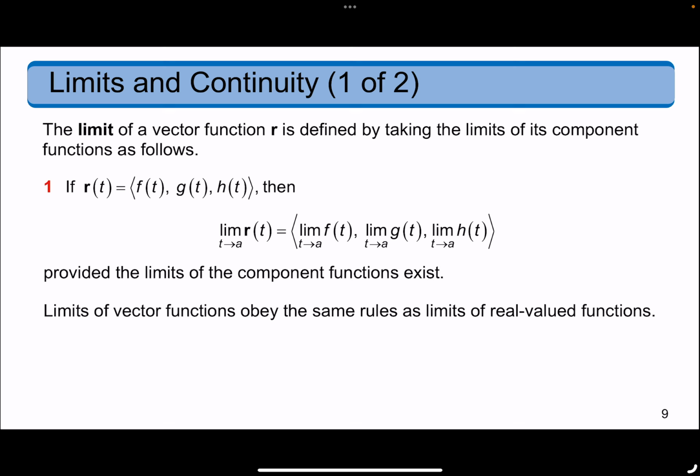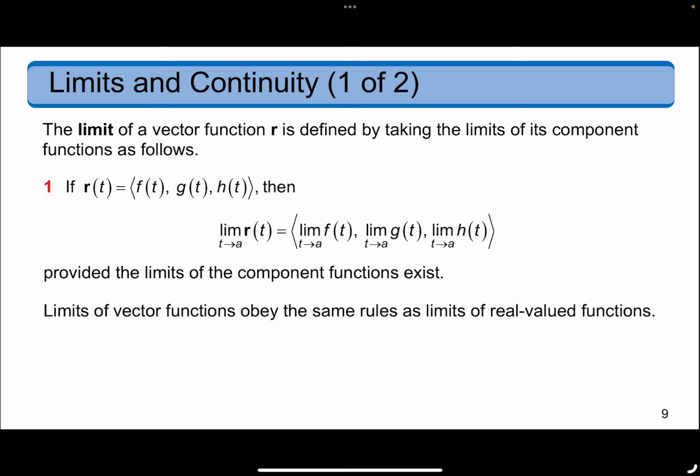If r of t is given by f of t, g of t, and h of t, then the limit of r of t as t approaches a is equal to the limit of f of t as t approaches a, the limit of g of t as t approaches a, and the limit of h of t as t approaches a, provided the limits of the component functions exist.